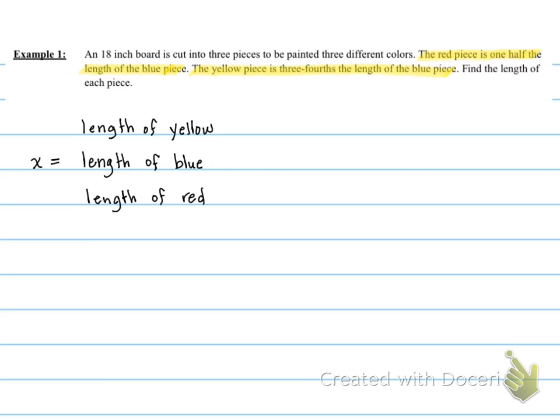So then how would I represent the length of the red piece? It would be half. How do we find half of something? x over 2. Yeah, you can divide by 2 or multiply by 1/2. Those are equivalent. Very good.